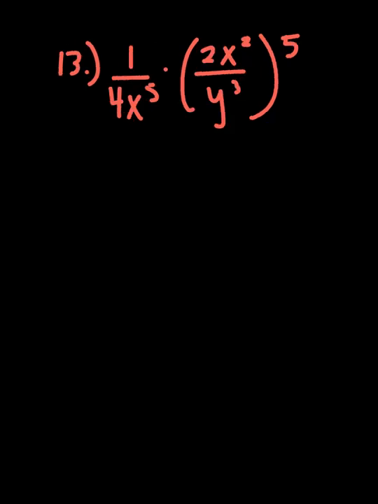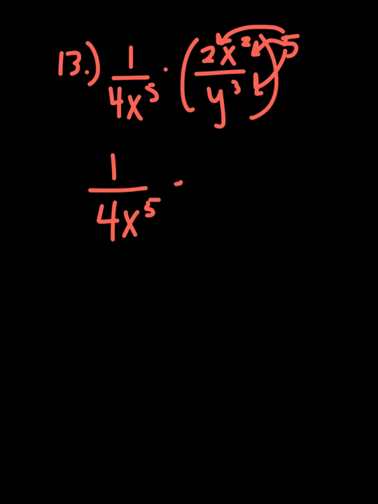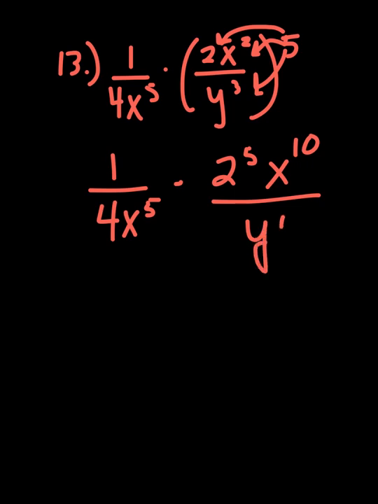In this problem, again, I want to give the power of 5 to all of my bases. So I want to give it to the base of 2, x to the 2nd, y to the 3rd. So I've got 1 over 4x to the 5th times 2 to the 5th, x to the 10th, y to the 15th, because I multiply a power to a power: 2 times 5 is 10, and 3 times 5 is 15.